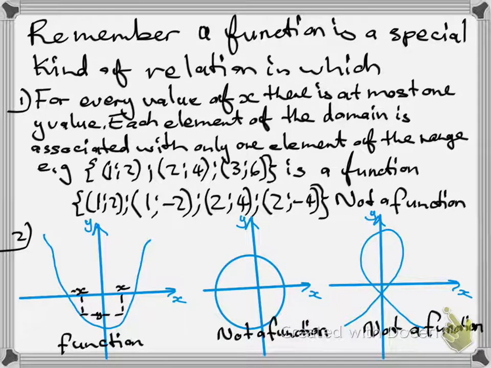And this one is not a function because it's a many to many. You see that if we've got x values there, these can be mapped to a y value and another y value up there. Can you see that? So this one again, it's a many to many, it's not a function. Same with the third one.